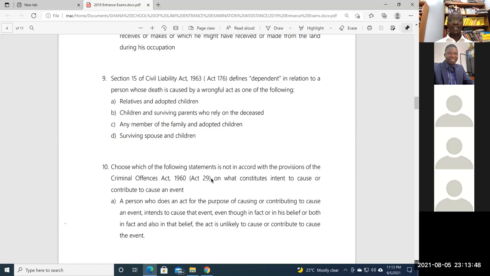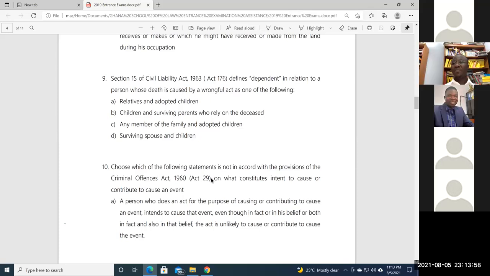When we say survival of causes of action, in the past, there used to be the principle that a personal action died with the person. But then the lawmaker intervened and said that in some cases, a personal action does not have to die with the person, and the action can survive.